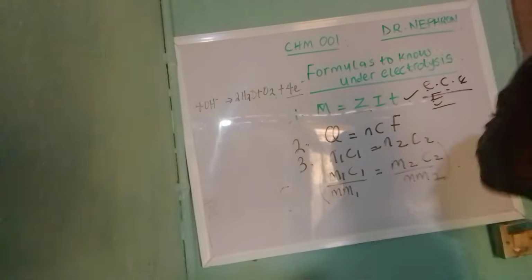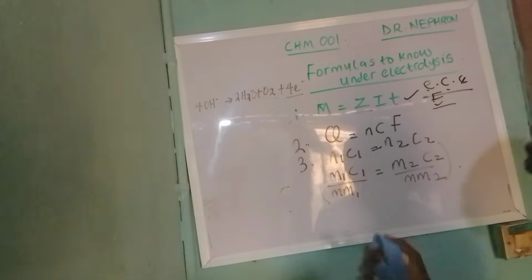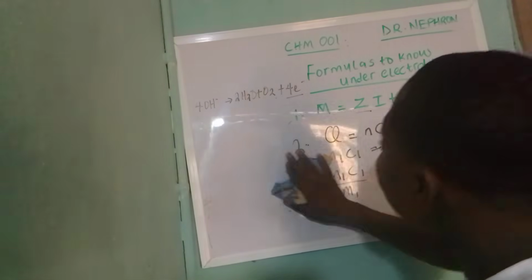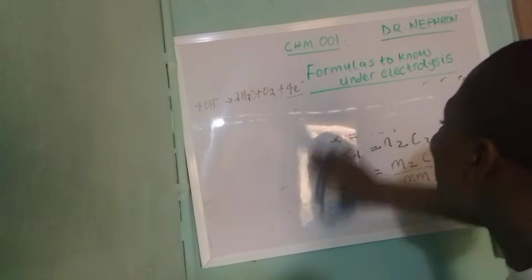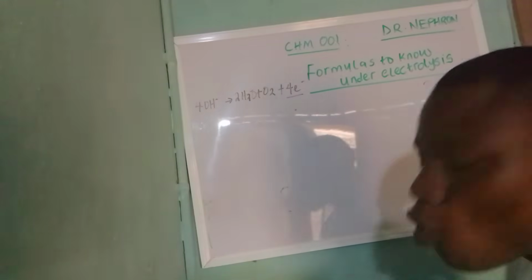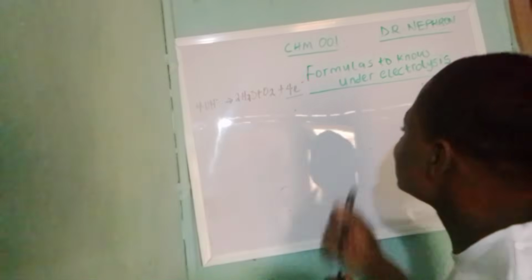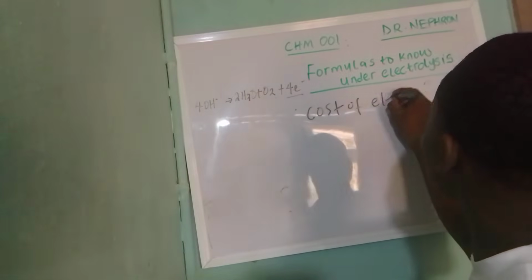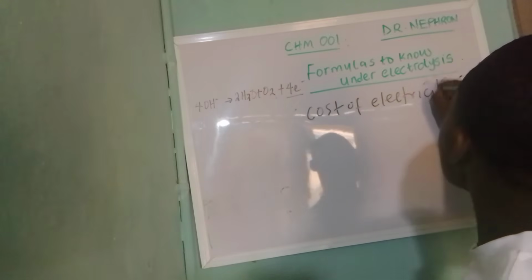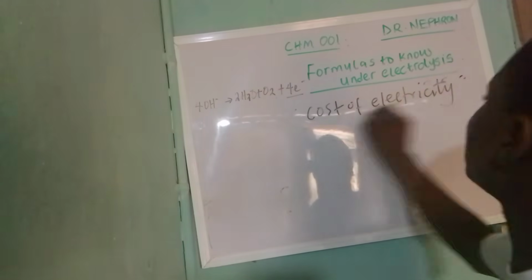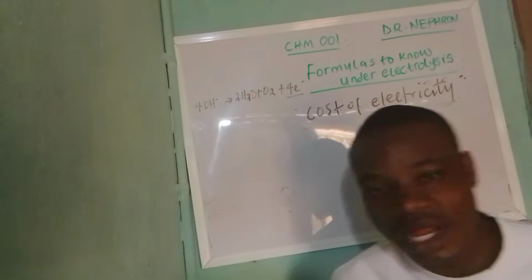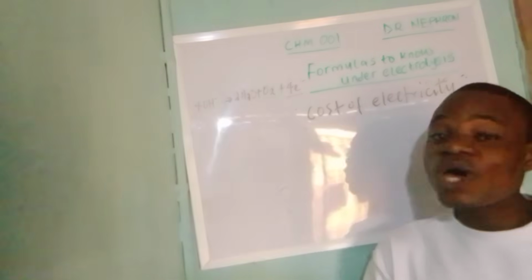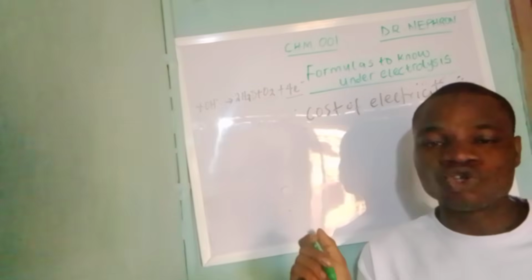Now, the last one that you have to know is the cost of electricity. JAMB usually asks that question: cost of electricity required to deposit elements. This formula, I swear to God, is not in your textbook, but I will give you the one that you will know.